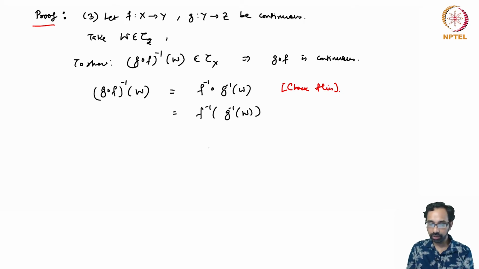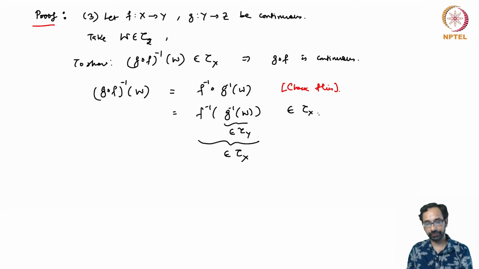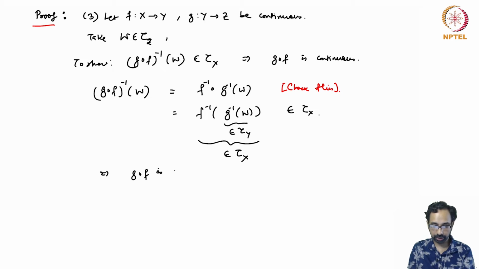Now W is an open set in Z, so g inverse of W belongs to the topology tau Y on Y, because g is continuous, and because f is continuous, this belongs to the topology tau X on X. So the whole thing belongs to tau X. So this means that g composed with f is continuous.